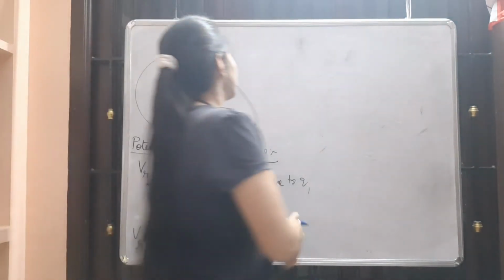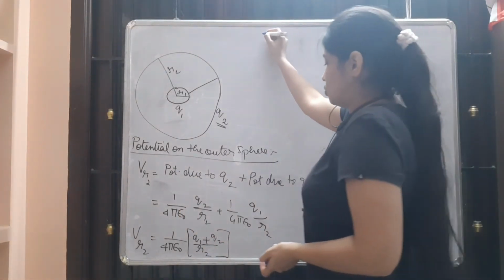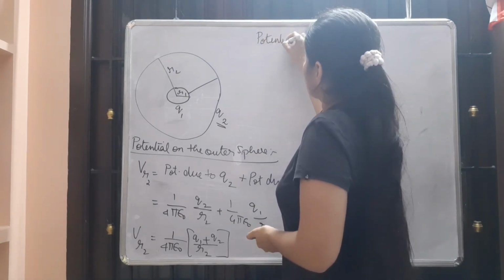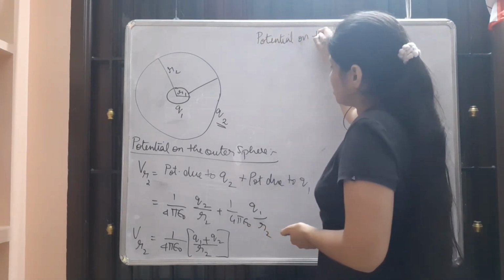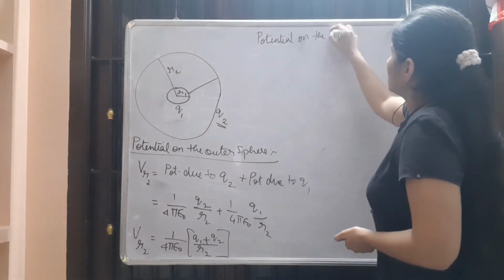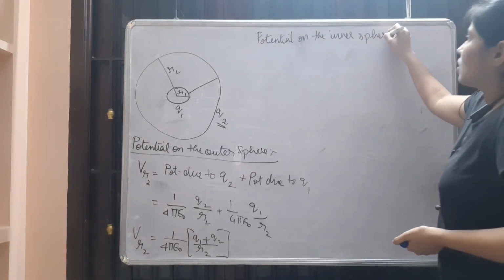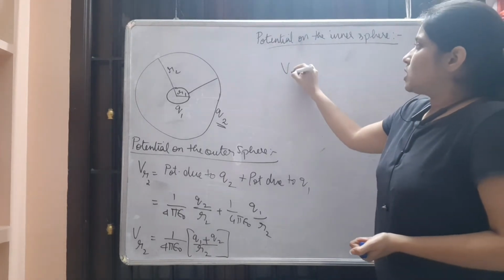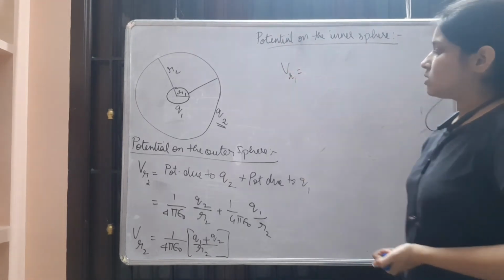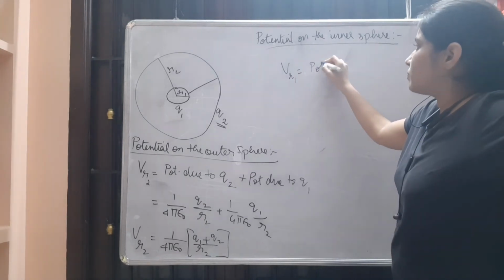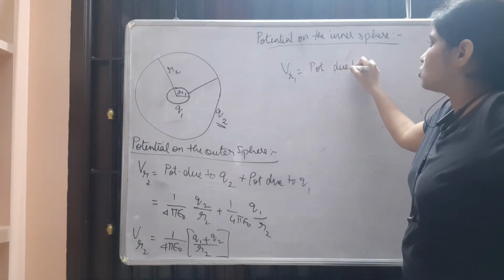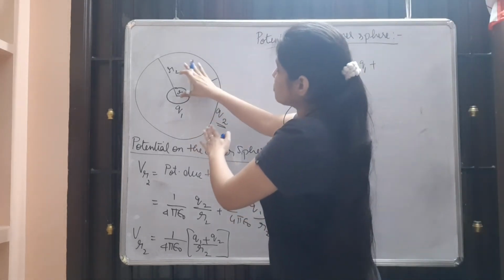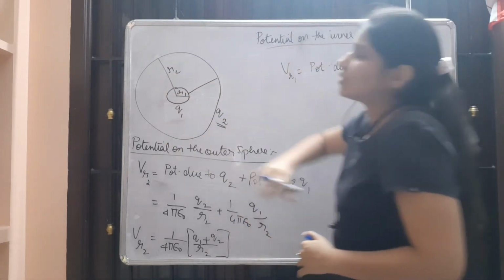Then what is the potential due to the inner one? So you can write the potential on the inner sphere, V_R1, is equal to potential due to Q1 plus a constant potential which is there inside this shell.